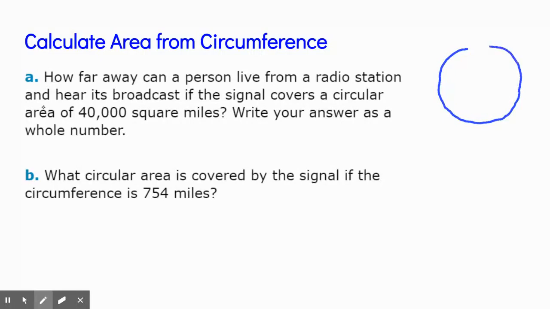But we have to understand what's going on. So I have a radio station that has a circular area of 40,000 square miles, which means the radio station is right in the center. So here is my radio station right here, and it's transmitting 40,000 square miles. The furthest point away from the center is going to be the outside of the circle.